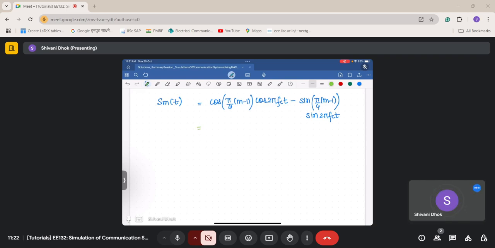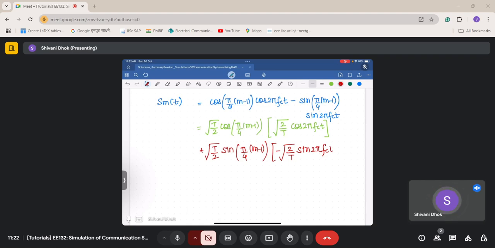I can write it as square root of T by 2 cos of pi by 4 (m minus 1) multiplied by square root of 2 by T cos of 2 pi fc t, plus square root of T by 2 sin of pi by 4 (m minus 1) then multiplied by minus square root of 2 by T sin 2 pi fc t.